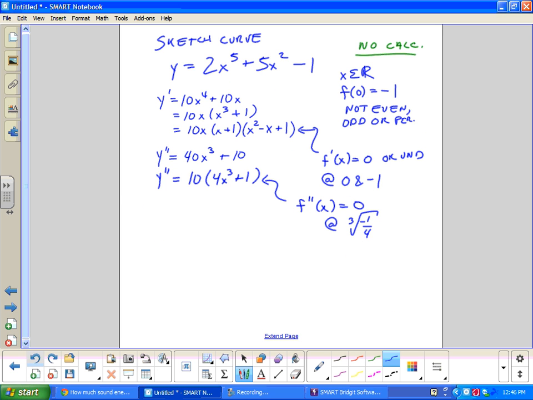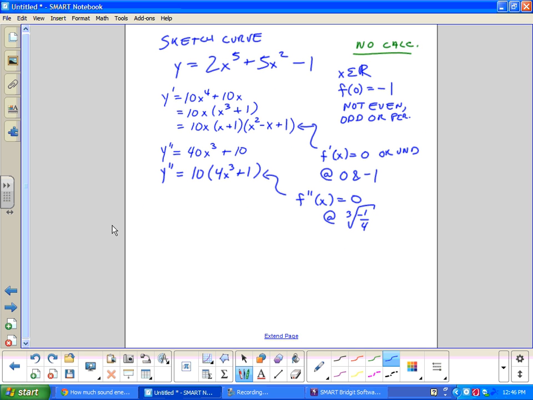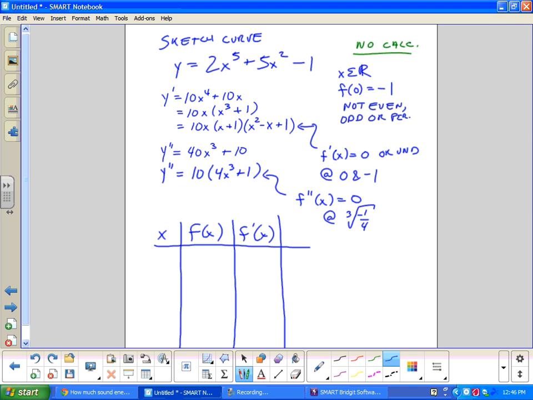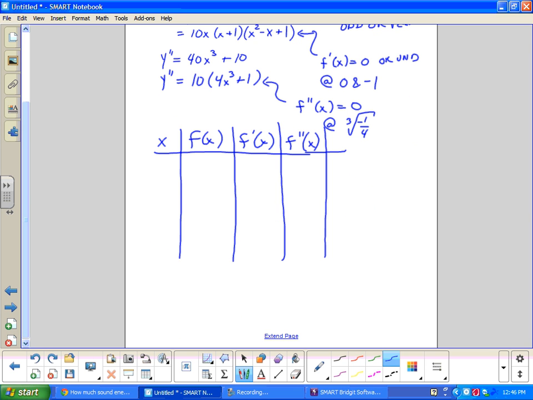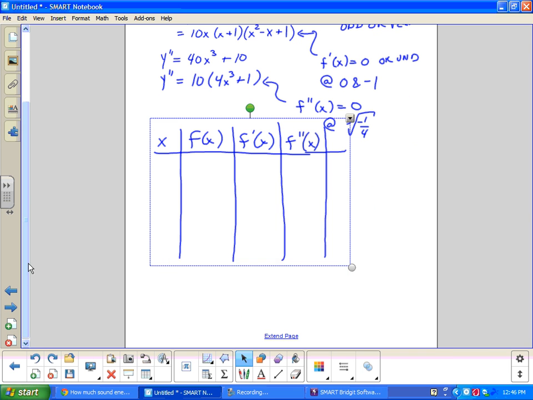So I'm going to start making a table. We have x, f of x, f prime of x, f prime prime of x. And I'm going to have a section here where I do some notes, all right? I'll move that table down. I got a little sloppy here.